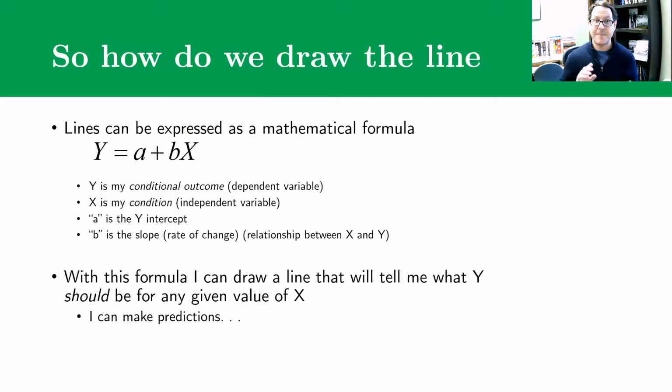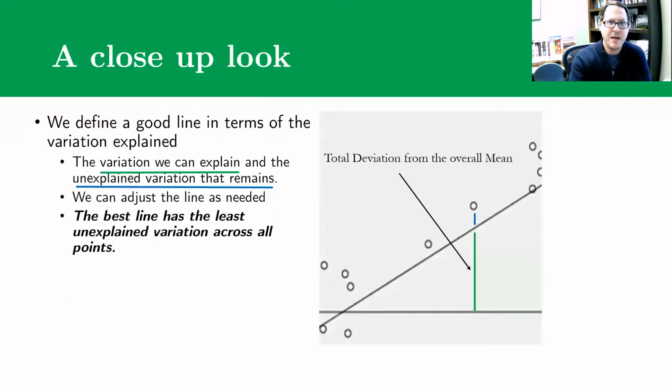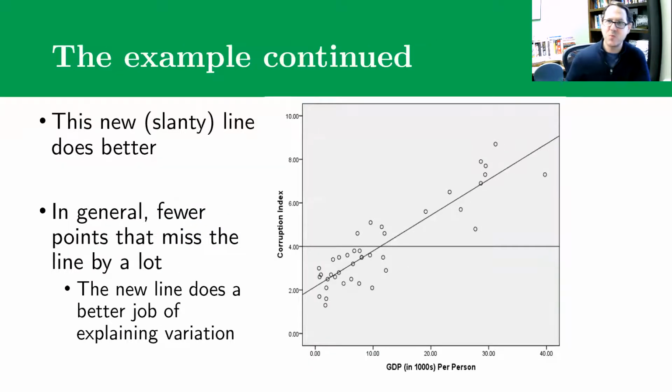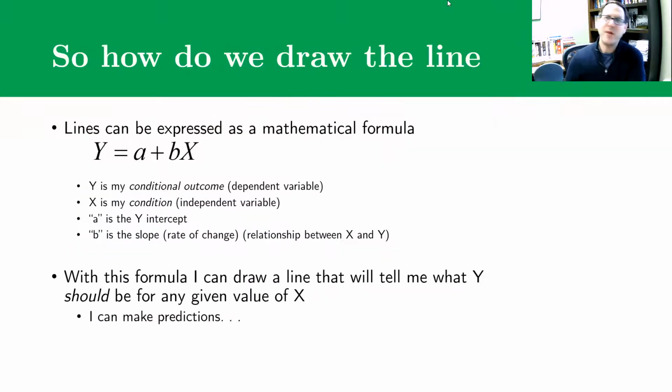We need an intercept, the y-intercept, which is the a in this equation, which if I jump back here, is where that slanty line crosses the y-axis, the intercept point. So it would be just below 2 in this particular equation for a line. And then we also have the slope, which is the rate of change.